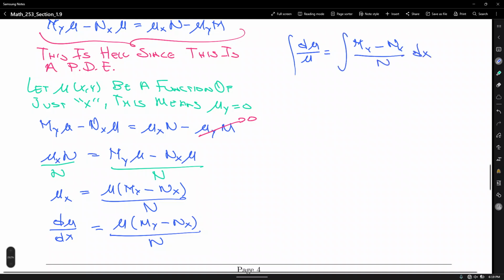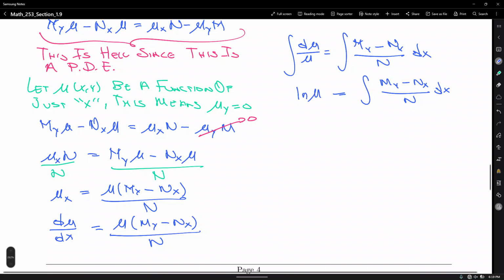How about we integrate both sides? Of course, symbolically we don't know what m sub y, n sub x, and n are, so let's just leave it the way it is. This is the integral of m with respect to y minus n with respect to x over n dx. And what's the integral of d mu over mu? Isn't that ln of mu?